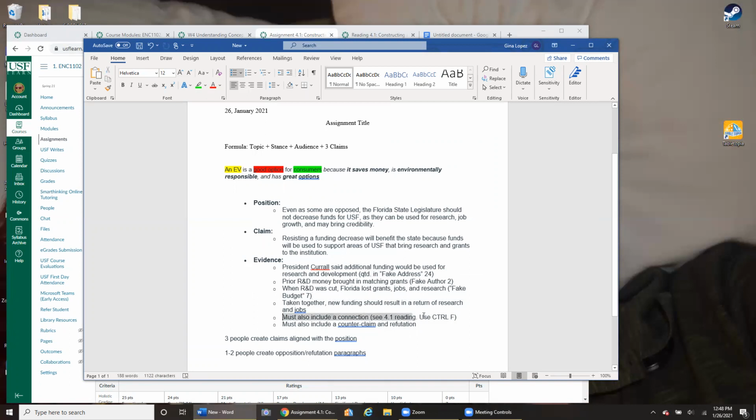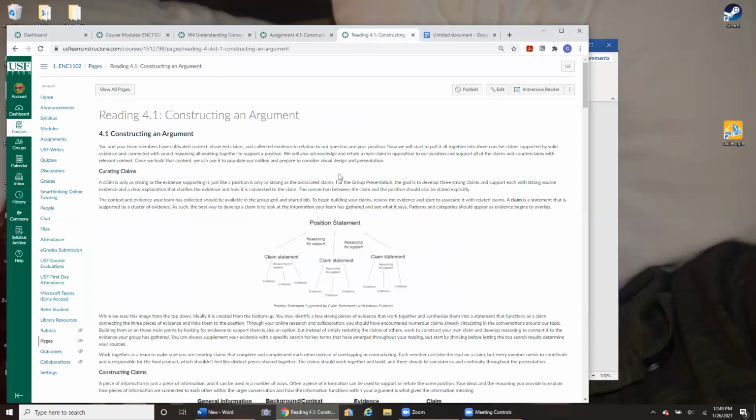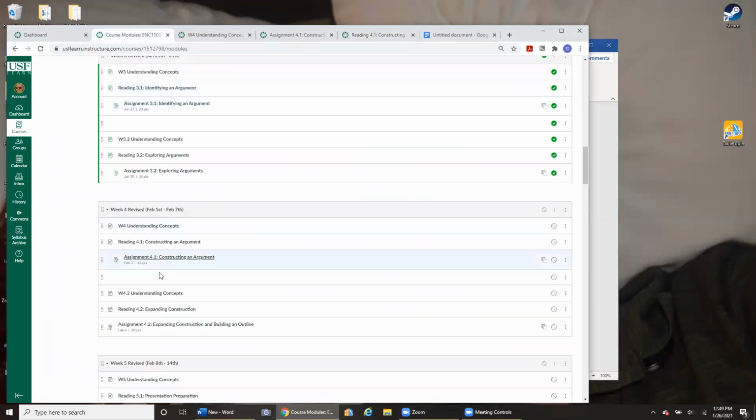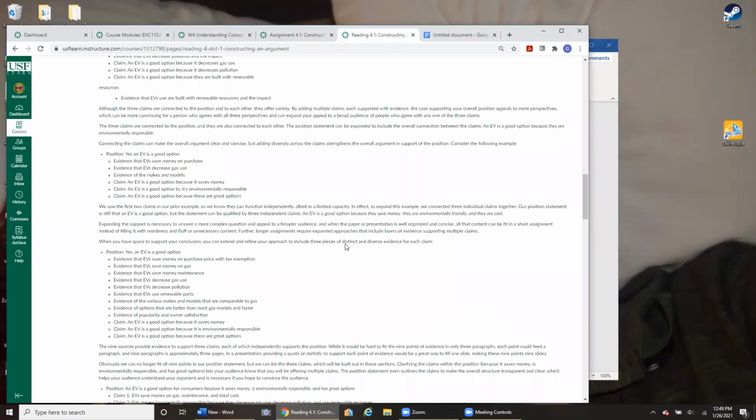We'll see the last 2 parts of your paragraph. It's very detailed, isn't it? To include a connection, you're like, what is that? Well, go to the 4.1 reading and use Control F. I suggest that because if you're going to course modules, reading 4.1, it's really long.